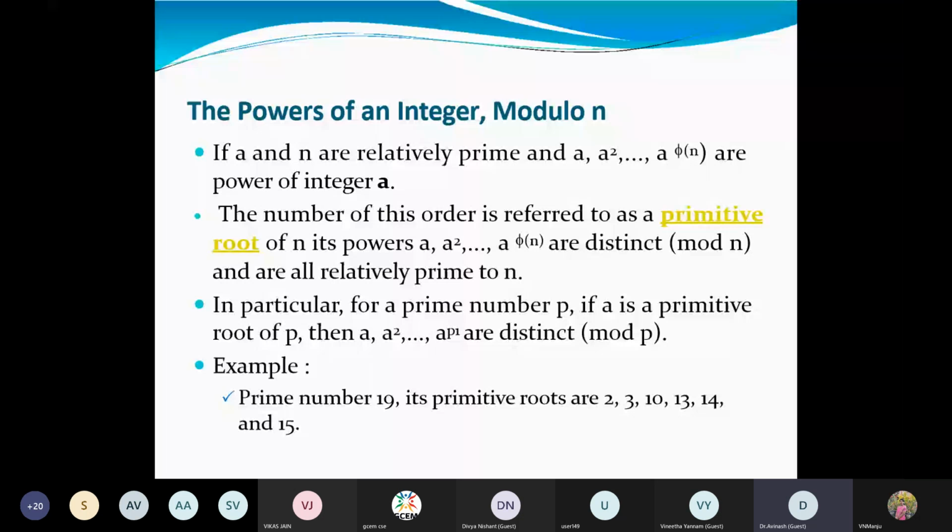These are distinct mod n. In particular, for a prime number p, if a is a primitive root of p, then a, a square, and so on are distinct mod p. These are the primitive roots of 19.